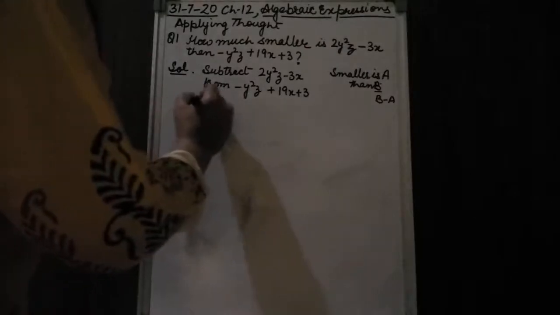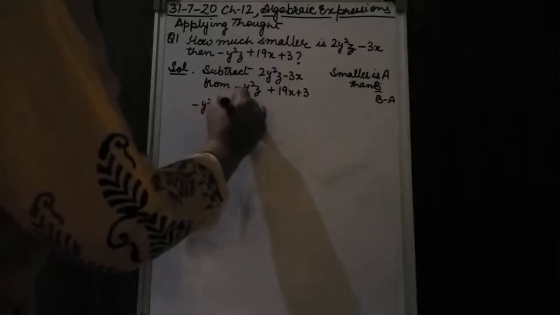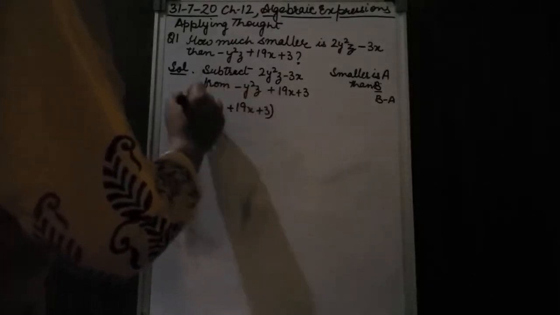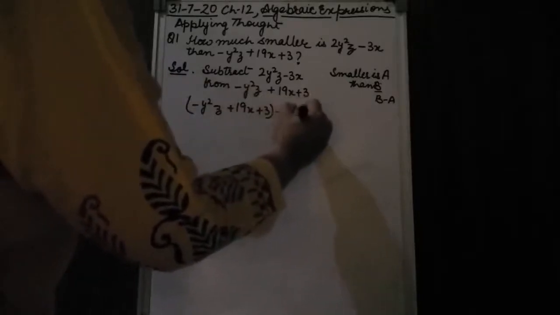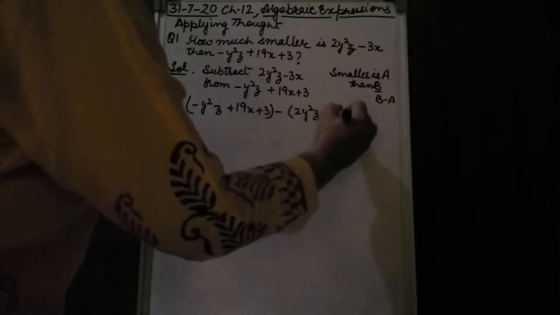Okay, so minus y square z plus 19x plus 3, put it in the bracket, minus 2y square z minus 3x.